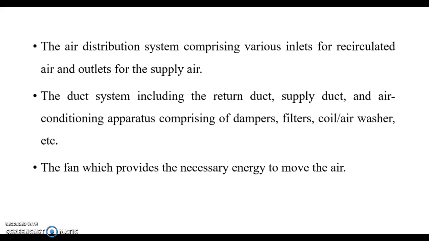The next is the duct system, including return duct, supply duct, and other apparatus like dampers, filters, coil, or air hose. The fan provides the necessary energy to move the air in the duct or air conditioning system.